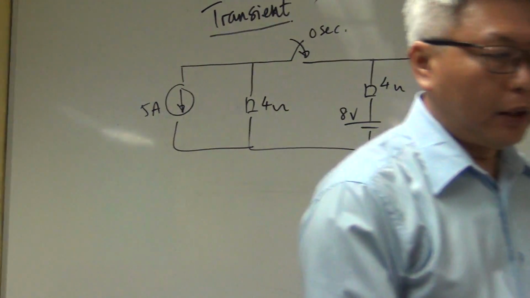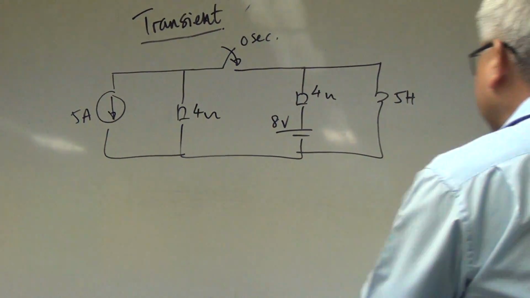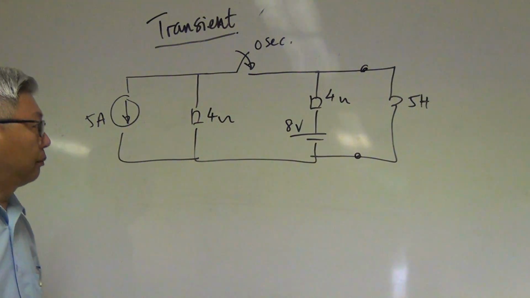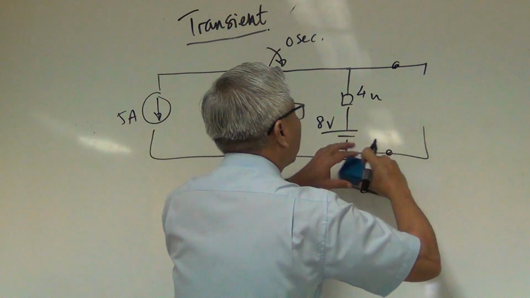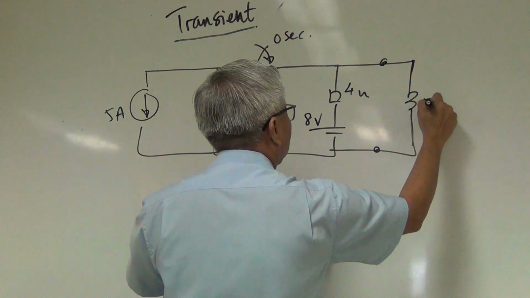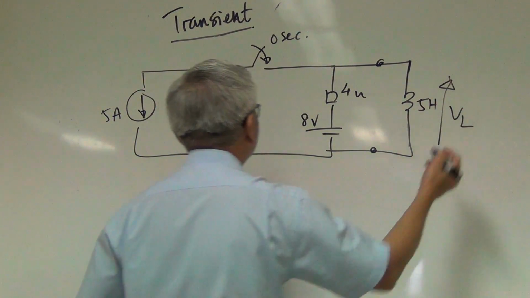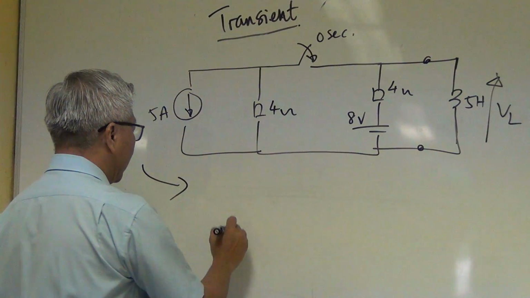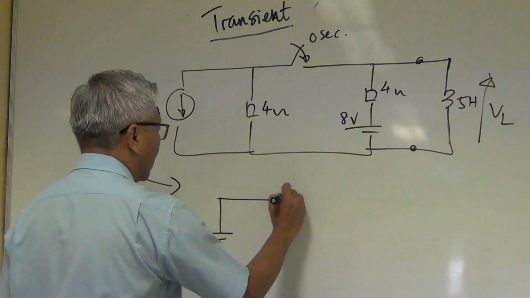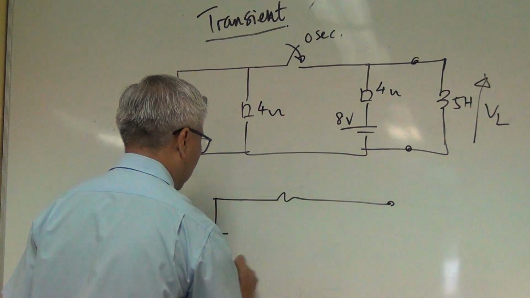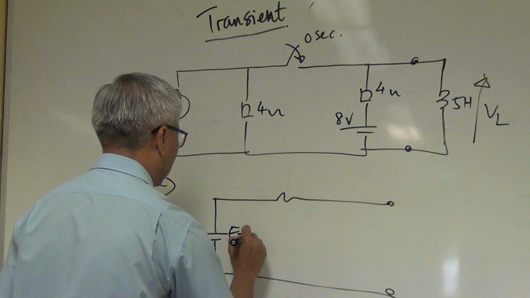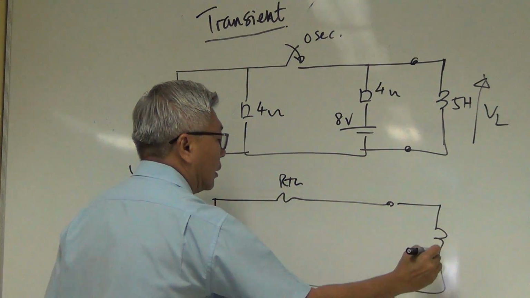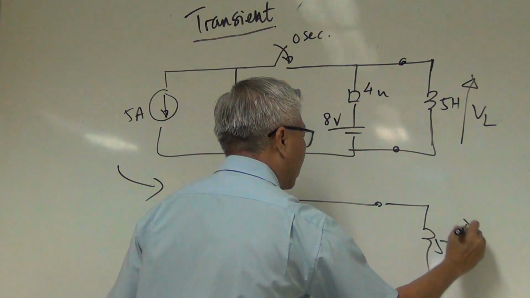Let me not dwell on the details of the question, but just say that if I want to make this circuit into Thevenin's theorem, if I want to find an expression for my VL, what should I do? I should make the circuit into ETH and RTH, and then here's my 5 henry, and this is my VL.